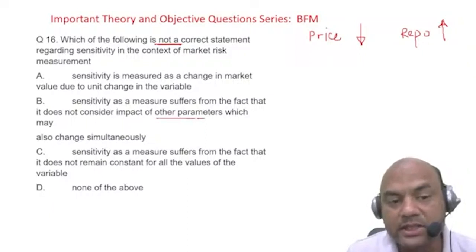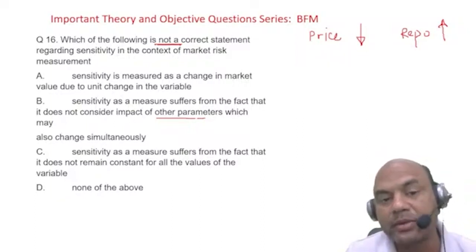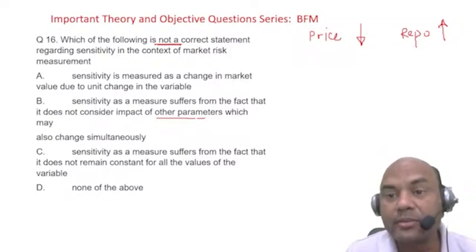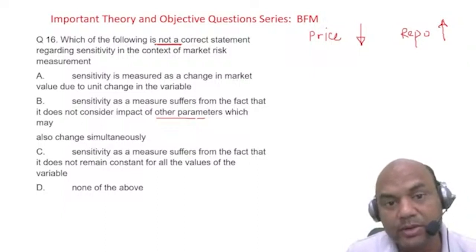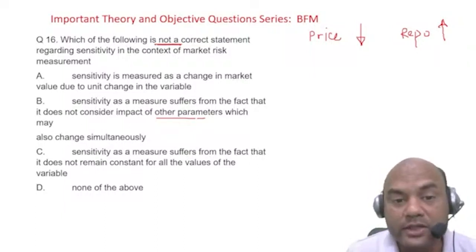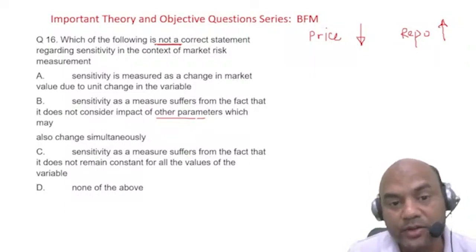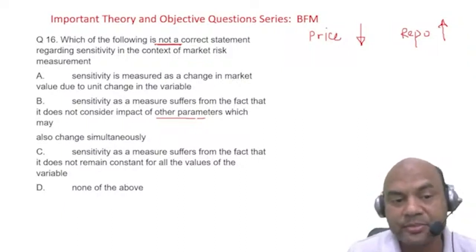What are the other parameters? Repo rate and price change, right? Repo rate is one parameter, but other parameters can be inflation, and it can also be the forex reserves. So these are other parameters.